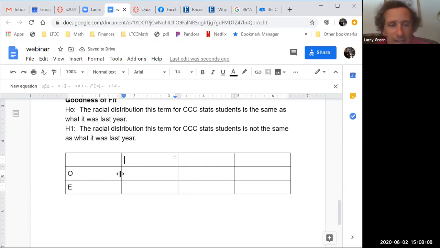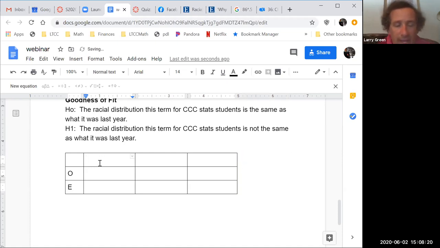Kind of shorter to write. And our races are Caucasian, Hispanic, and other. Any questions so far?